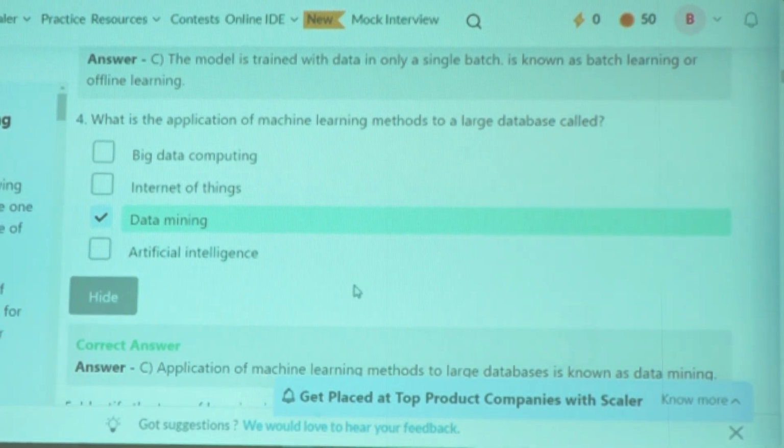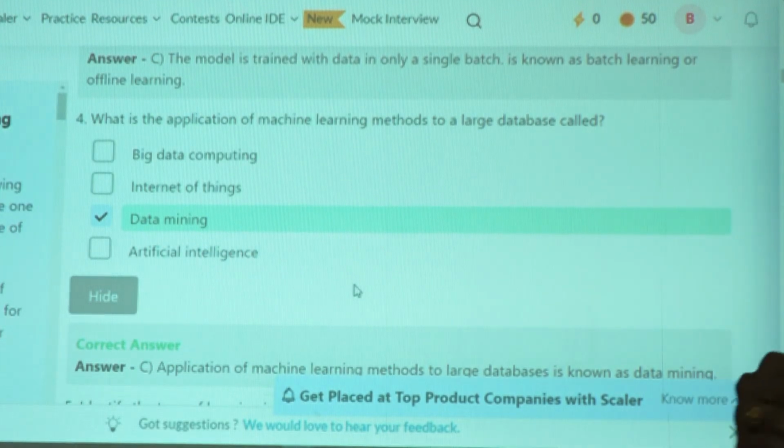See, machine learning methods applied to a large database. Big data does not directly have machine learning. Big data is data handling techniques, how to process it. On top of big data, we can apply some machine learning algorithms. That is a different case. Okay.